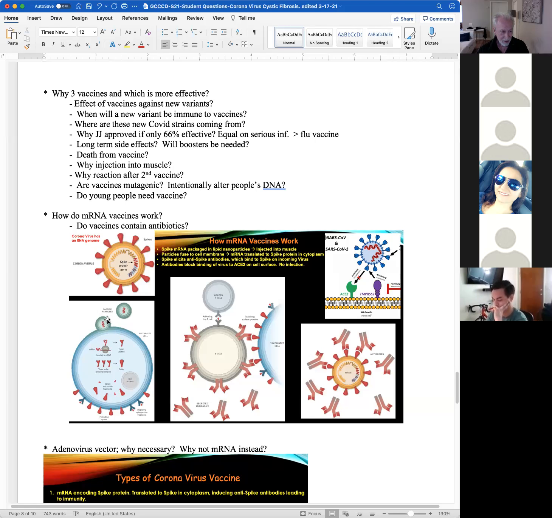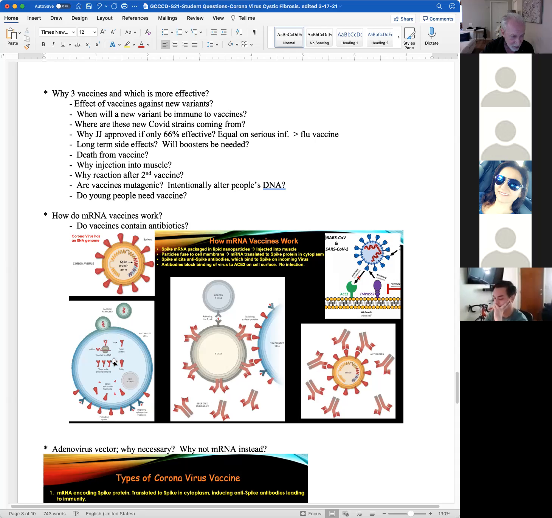So the oil droplet then will fuse with cells, muscle cells, and release this little piece of RNA inside. And then you're back to protein synthesis, where you have mRNA, tRNA, and ribosomal RNA, all collaborating to make this protein, and the protein is the spike protein, because that's what the mRNA encodes.